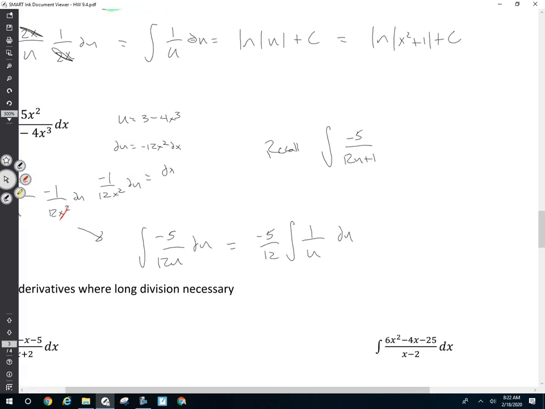This antiderivative would be negative 5 log absolute value of the denominator, but then I would need to multiply by 1/12 because of the reciprocal of the coefficient of u. This does have a coefficient. There's no way around it. You have to have this 12. Here, if you pull out the 5/12, you'll see that this is the answer.